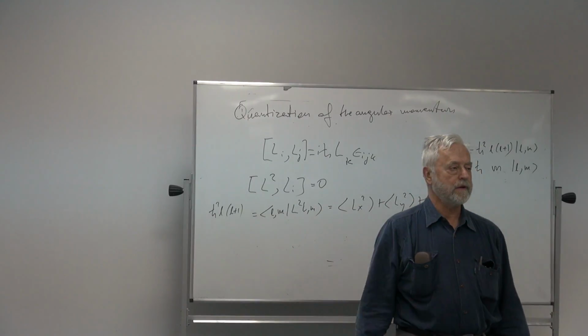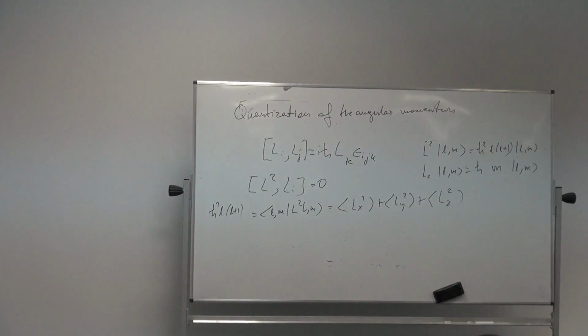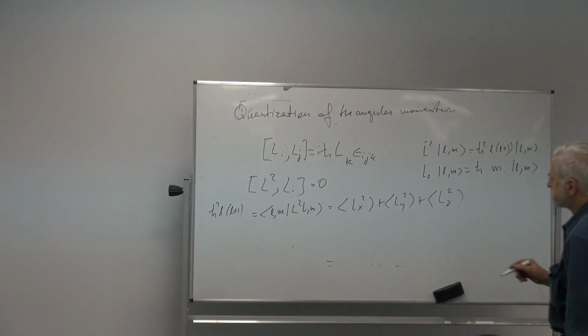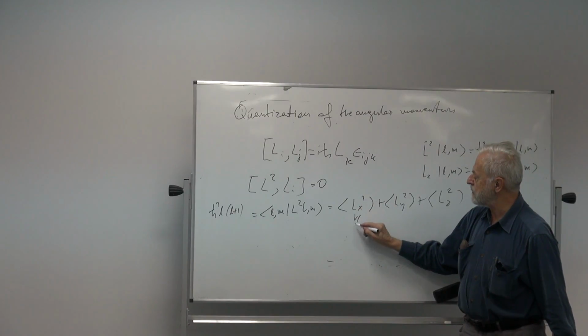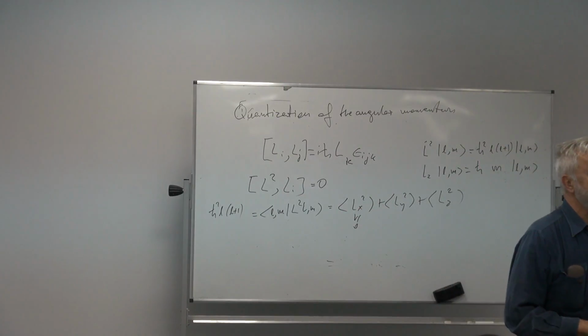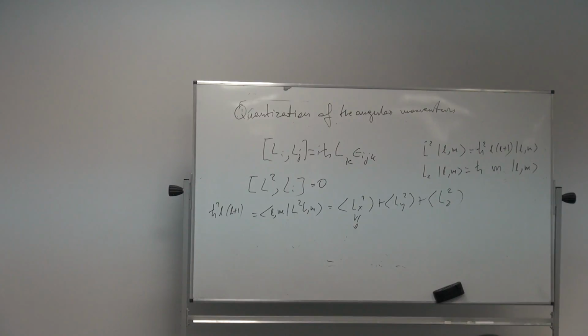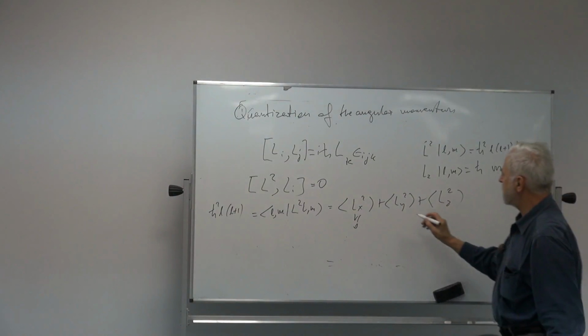Yes? Sure, L squared is a sum of 3 squares. Okay, now, I think you understand that this number cannot be negative, yes? Sure, it's a positive operator, or if you want, I can take one of these Lx, put it on the left, and it will be the norm of Lx times Lm state. So it's positive. Same thing here.